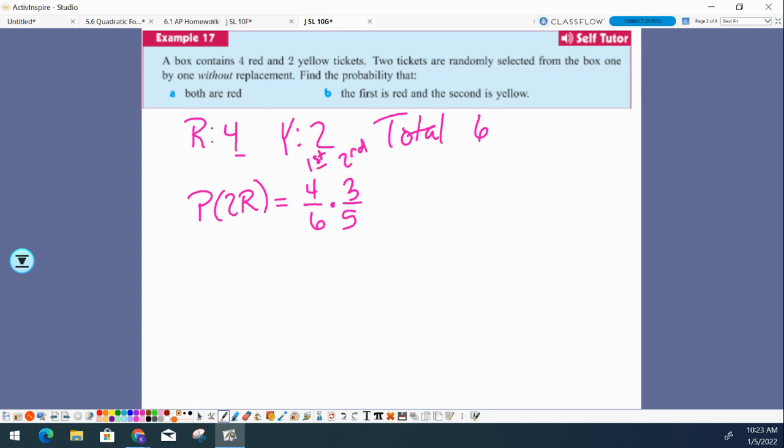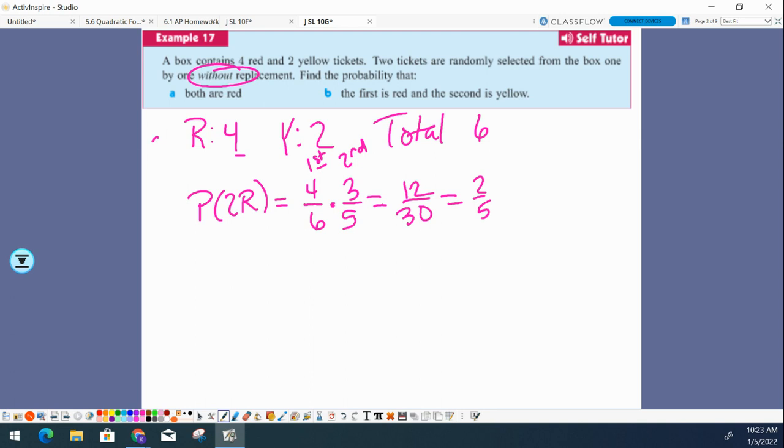And since 1 red ticket was taken out, we have to take 1 out of both of them. And we just multiply. 12 out of 30 is reduced by 6 to get 2/5. But the key is without replacement.